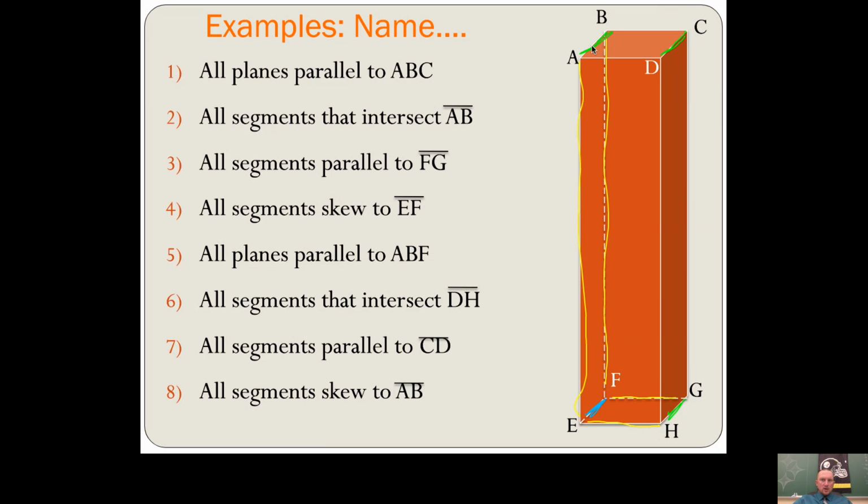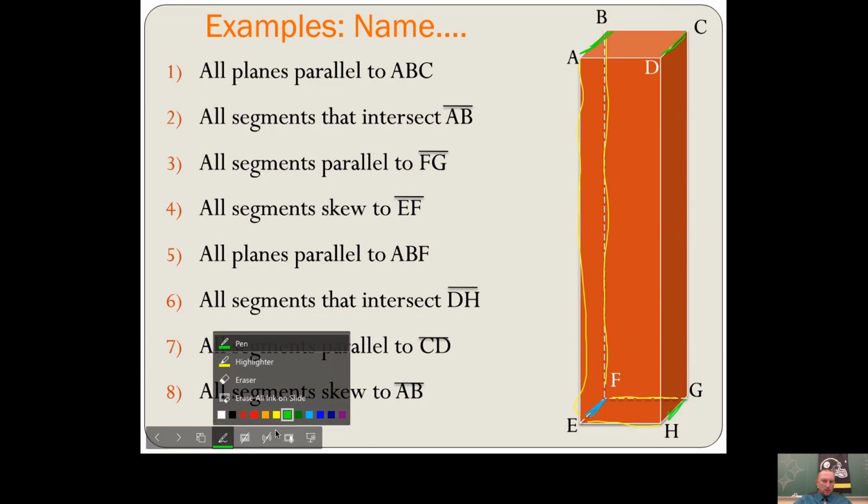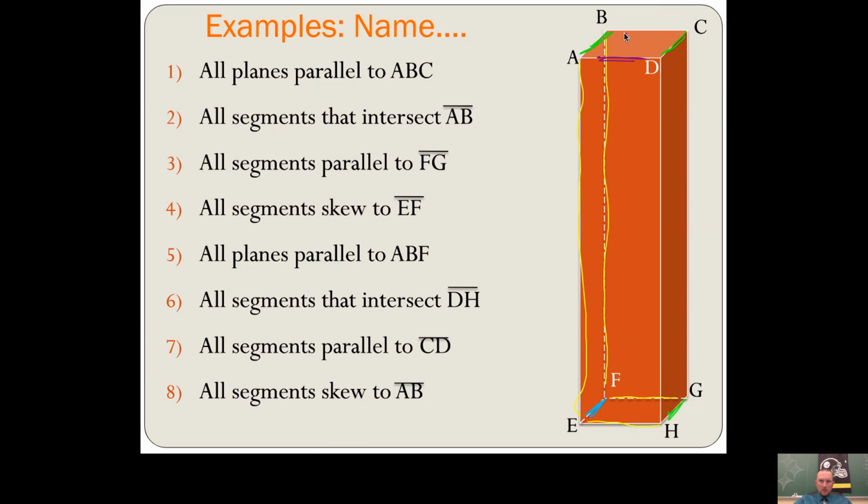So the yellow ones are not skewed to it, and the green ones are not skewed to it. Which ones are skewed to it? I'll try this purple. I don't know how it's going to work, but it's this one, this one, this one, and this one. Notice how it makes what looks like 2 7s. When you have a diagram like this and you're looking for all segments that are skewed to one of them, that's what your answer is going to look like. When you write all 4 segments, it's going to look like 2 7s or 2 backwards 7s, or 2 L's or 2 backwards L's.